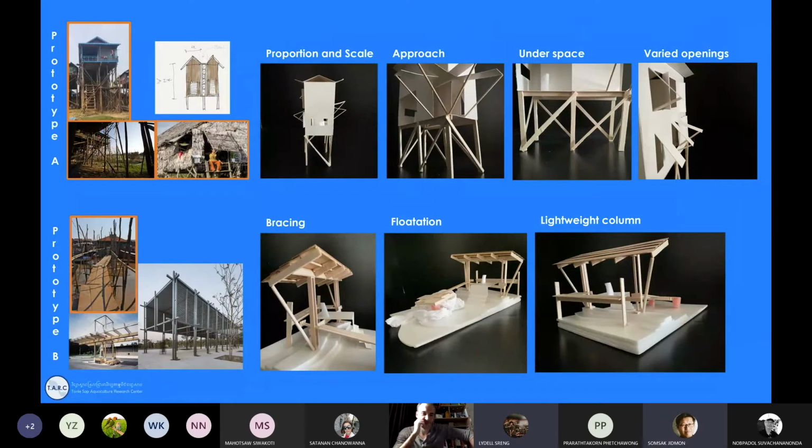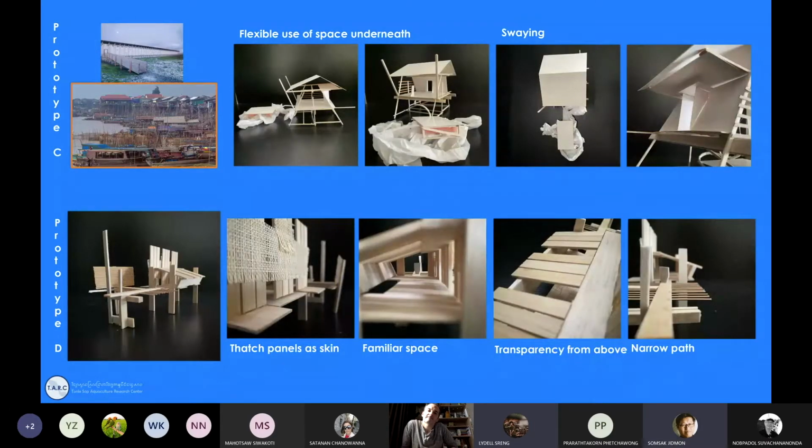And then I did the prototypes, translating from the observed buildings there, looking into proportion, scales, the bracing and flotation, and using lightweight columns to channel that idea of lightness.